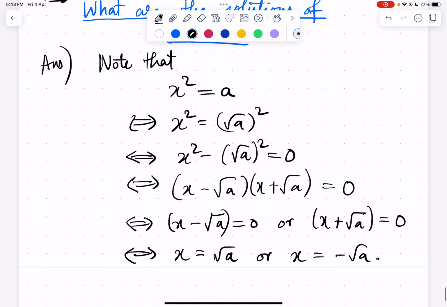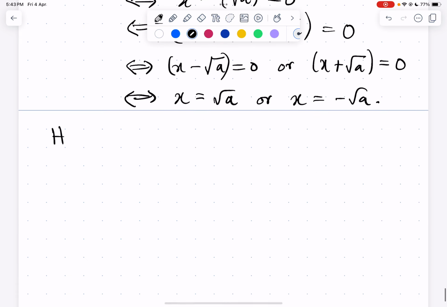Hence what we did, x square equals A, we wrote A as root A whole square and brought the x and A terms to the left and factorized it. So we got that x minus root A equals 0 or x plus root A equals 0, which is same as saying x equals root A or x equals minus root A. Hence what did we find?